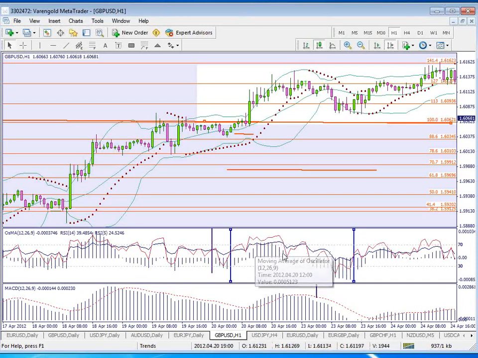But the 70 and 30 levels have no relation with the oscillator of the moving average. I just put the oscillator of the moving average into the same window because I want to have more space for candles and for Fibonacci and so on.